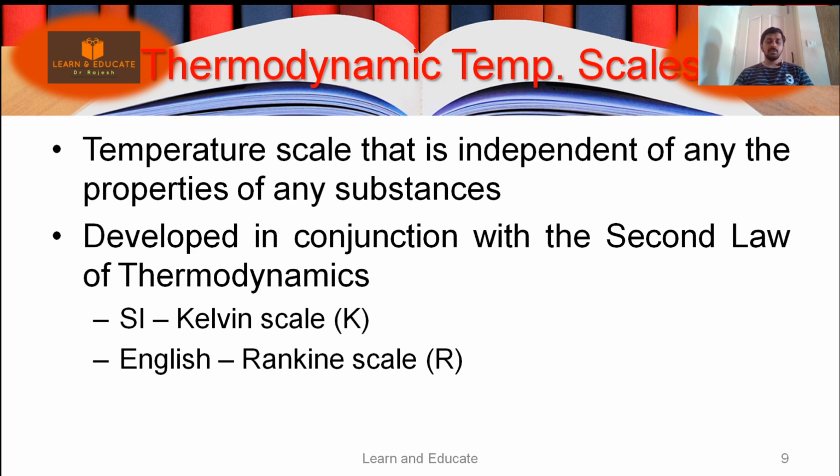They developed a scale known as the thermodynamic temperature scale. Again, there are two scales, one in the SI system and another in the English system. In the SI system it is known as the Kelvin scale, and in the English system it is known as the Rankine scale.